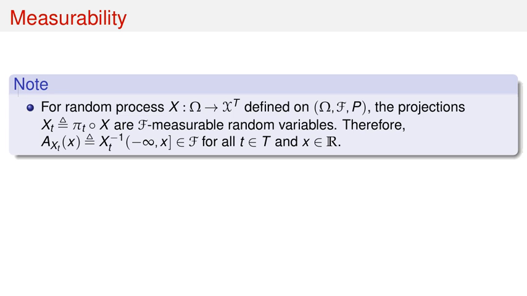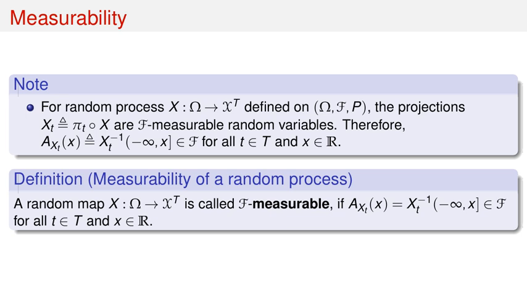Now let's discuss measurability for random processes. A quick note: for a random process X mapping from Ω to 𝒳^T defined on (Ω, F, P), we know by definition that the projections X_t, which is π_t composed with X, are F-measurable random variables for each t. Therefore, the set A_{X_t}(x), defined as X_t inverse of the half open set (−∞, x], must be an event in F for all t in T and all real x.